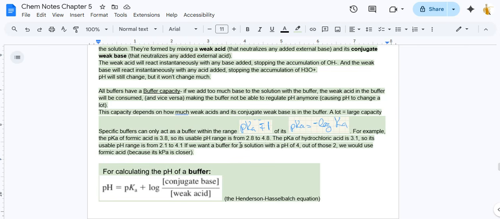So if we have a solution with a pH of 4, out of this acid and this acid, we would use this acid because the range is from 2.8 to 4.8. 3.8 is closer to 4 than 3.1 basically.